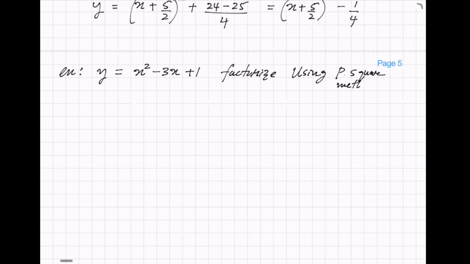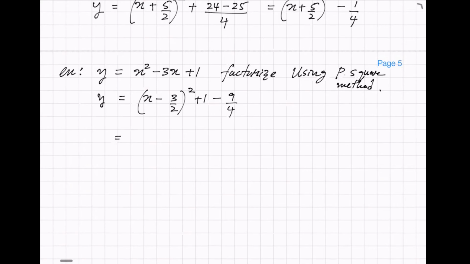Okay, we'll try this now. So this one would be y is equal to x minus 3 divided by 2 whole thing squared, you copy plus 1, and then minus 9 divided by 4 here, the square of that, right?